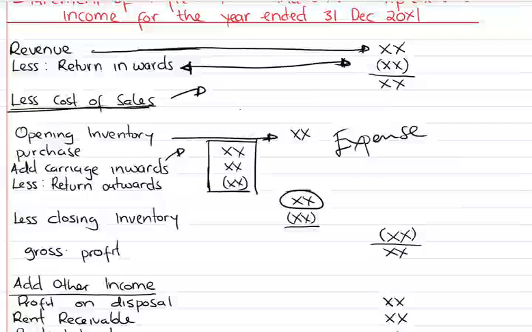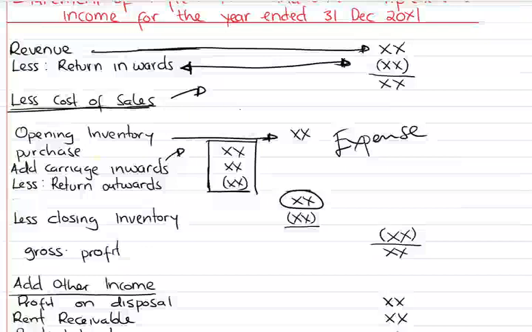For example, I buy my wood from a company, Reply. I stay in Lilongwe and Reply is in Blantyre. So I book a tractor to carry it. The expenses of carrying that wood to Lilongwe is the carriage inward. That should form part of my purchases.